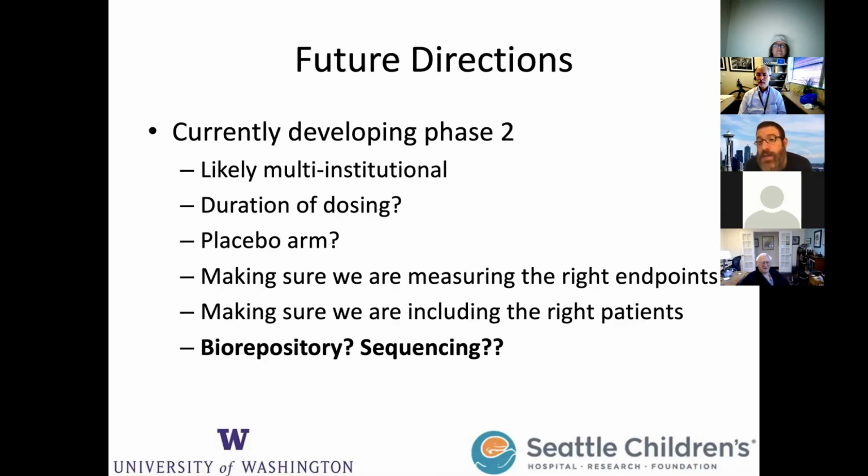One idea could be to prospectively biopsy these kids after stereo electroencephalography, sequence them and see if there's an mTOR pathway mutation, and then enroll those kids on trial prior to a resective surgery. And then making sure that we have a good biorepository in which we can do deep gene sequencing to detect with a high degree of reliability mutations in this population.